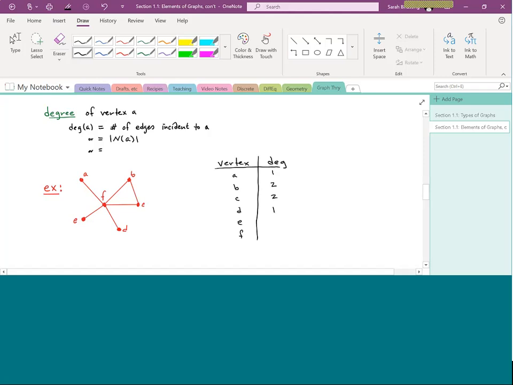The only one that's a little bit interesting in this graph, which almost looks like a starfish except for that one little triangle piece, is vertex F. Any guesses for the degree of vertex F? Yep. That's it. Actually, if we didn't have this edge here, BC, this would be called a star graph because it kind of looks like a starfish. We'll have names of graphs later, not today. Okay.